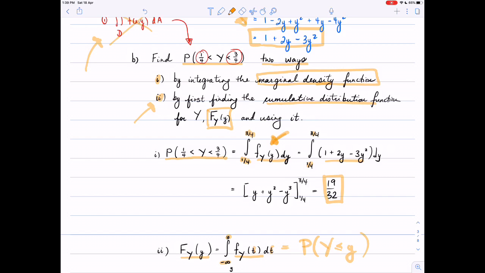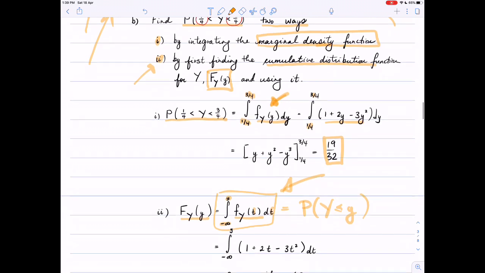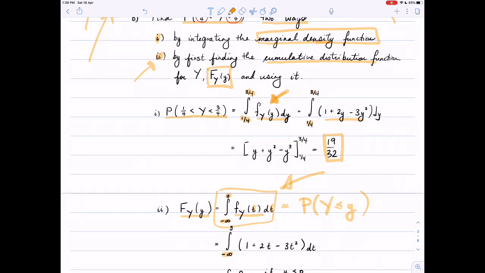So this integral is going to feel very familiar because whether you do a double integral as up here, whether you do a marginal, which is up here, or whether you do the CDF first, you're going to have to integrate. There's no way around it unless you're given the CDF, unless you're given something which has already been integrated for you.